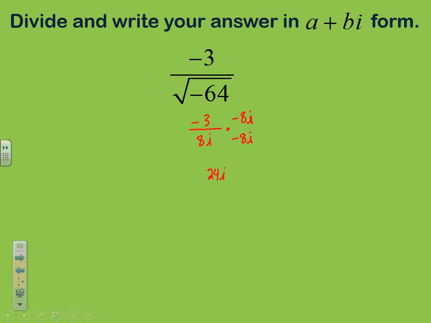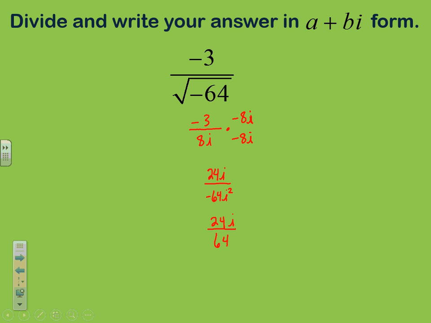In the denominator, positive 8i times negative 8i would give you a negative 64i squared. In the denominator, the i squared is really just negative 1. So the negative 64 times negative 1 is really just 64. Oops, and I forgot my i in the numerator.